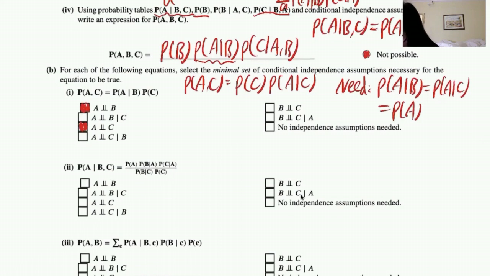Then for the second part, according to the definition of conditional probability and the chain rule, the left-hand side is equal to probability of ABC divided by probability of BC.